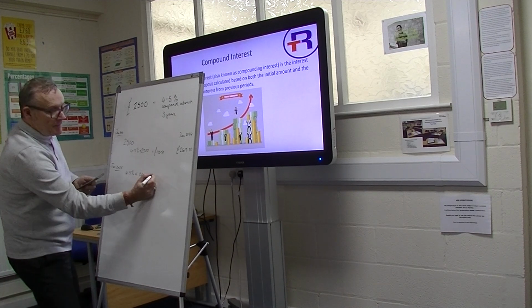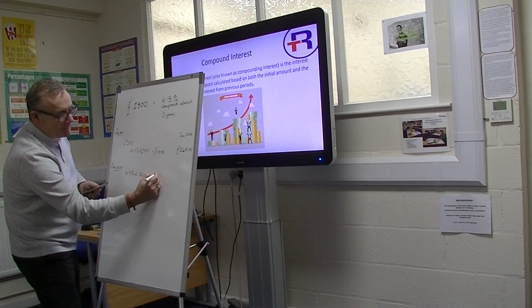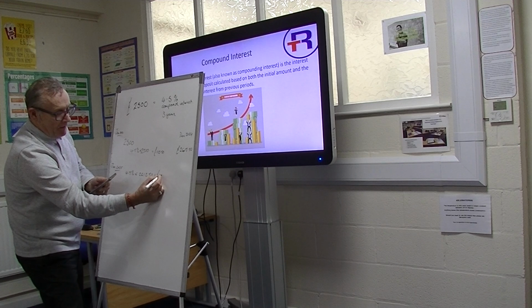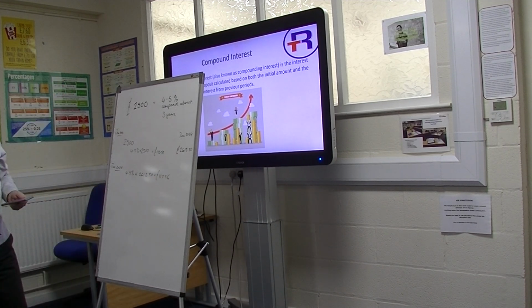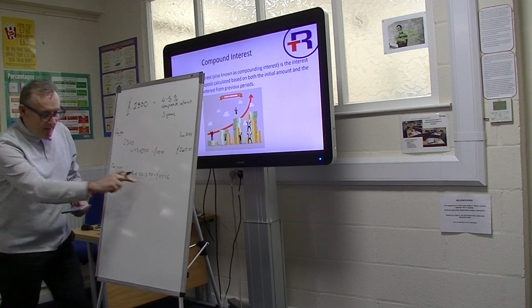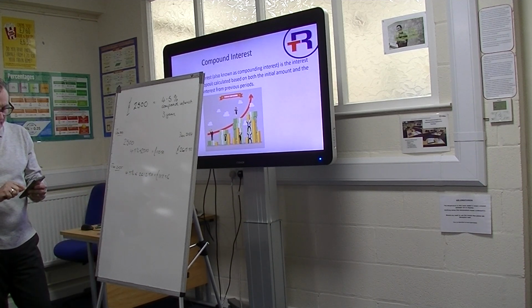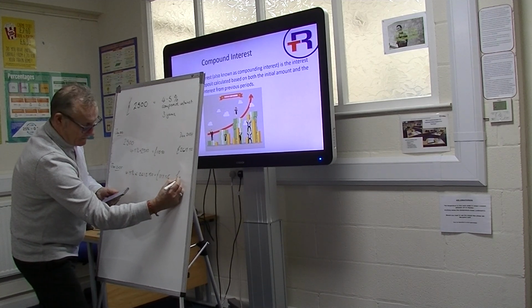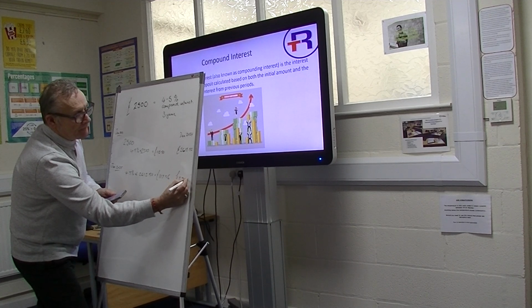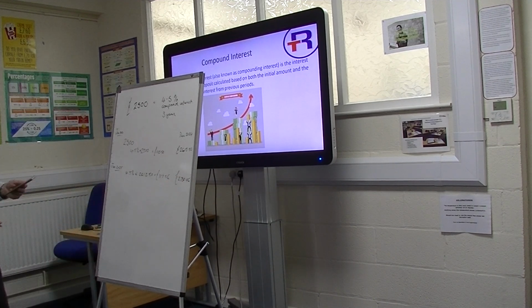So for the year 2025, I'm getting £117.56 interest, which I then add to that, giving £2,730.06.